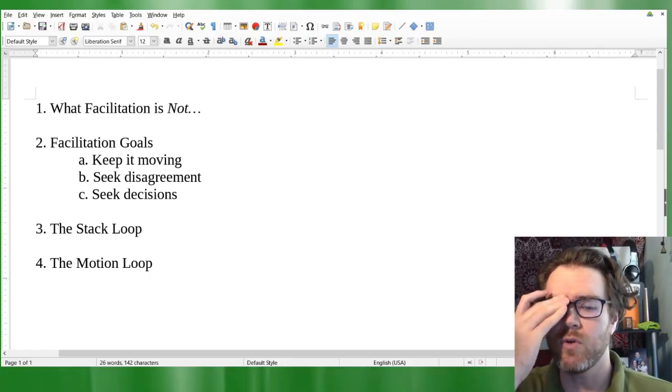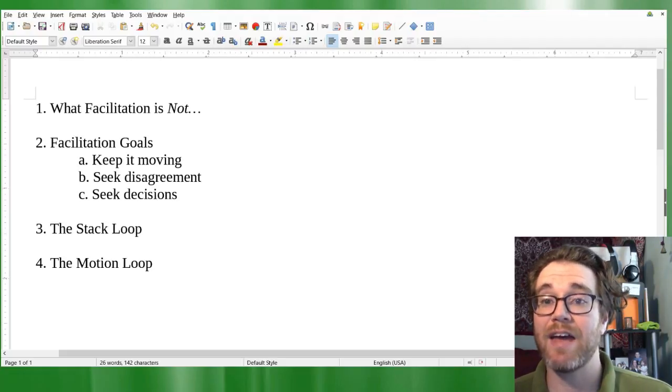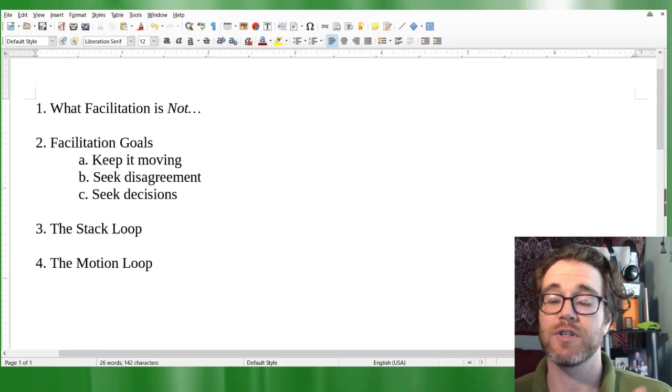Now, once you have found points of difference, either in understanding or viewpoint, or people just don't agree on what to do, then your job is to seek a decision. And so as the facilitator, you are inviting people to step forward with a motion, and we're going to talk about motions in just a moment.